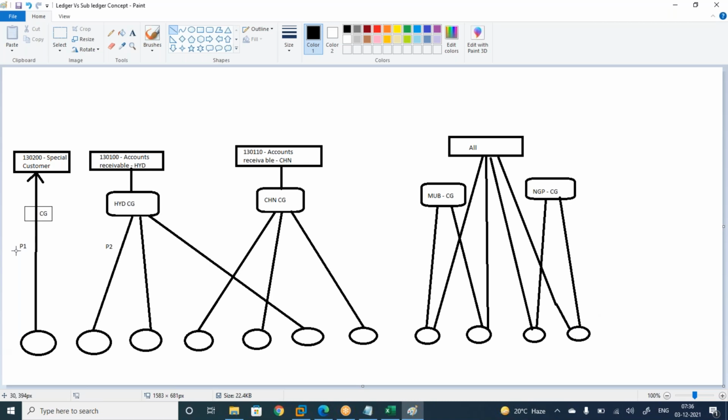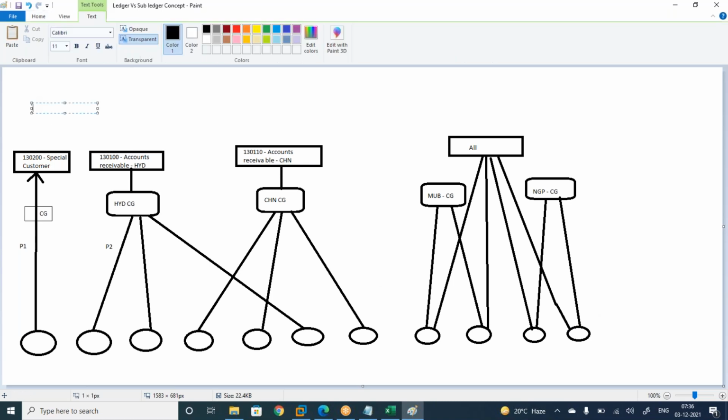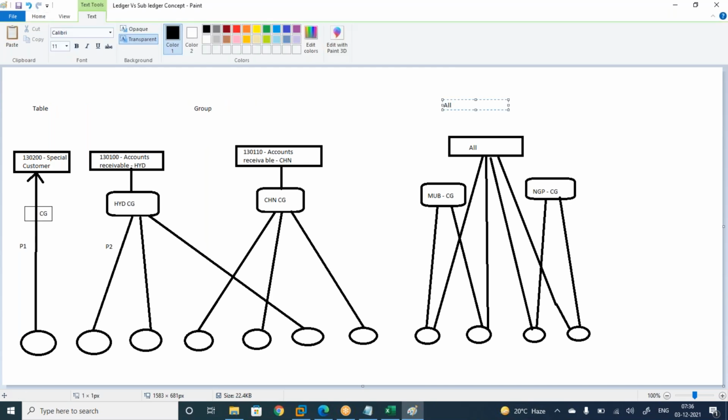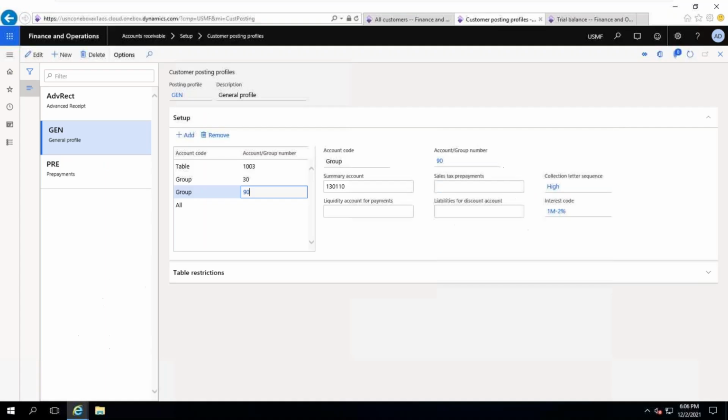So the first one is table. The priority is table first, next one is group, next one is all. Whenever you are creating, click on new.